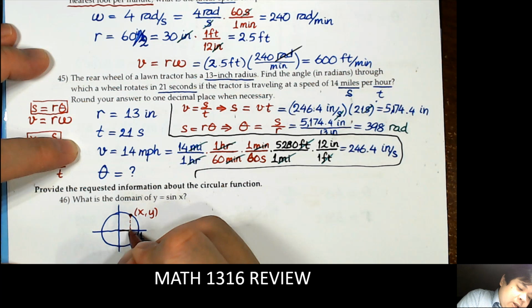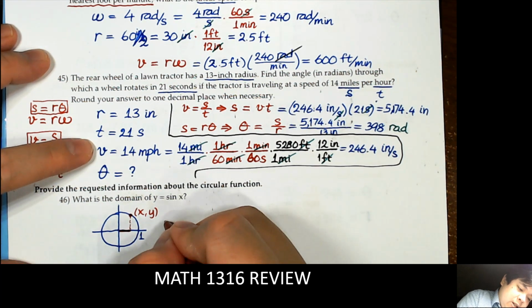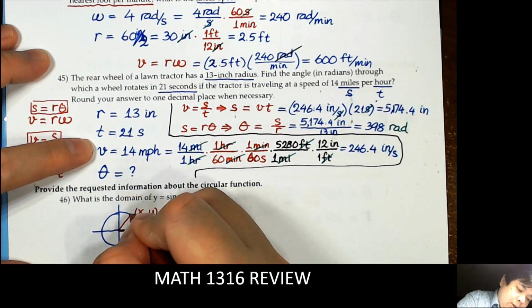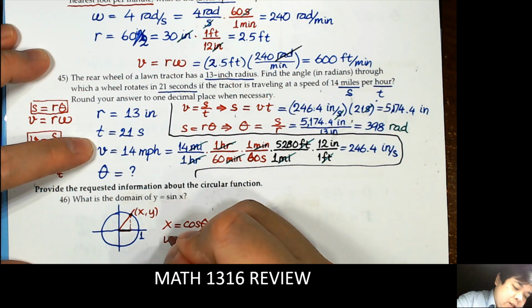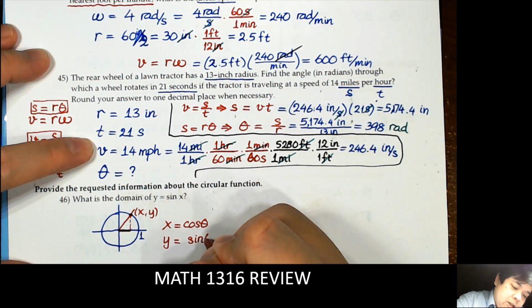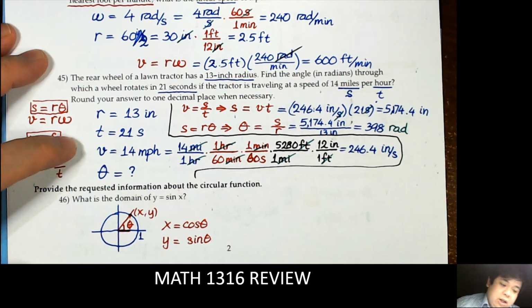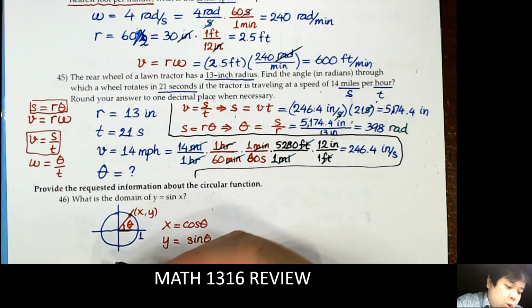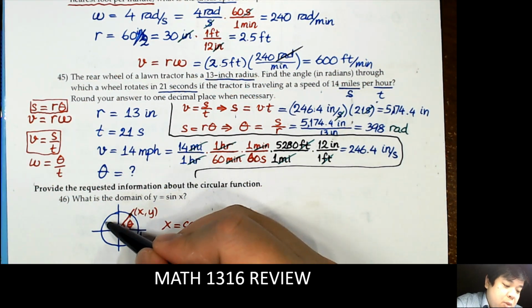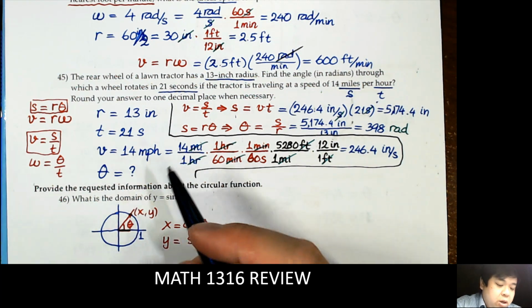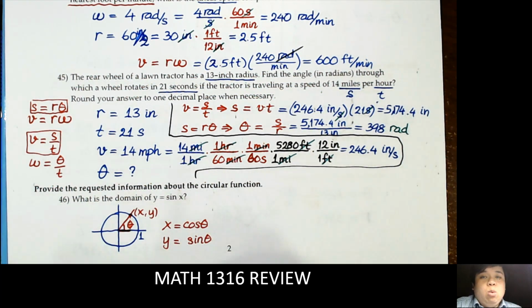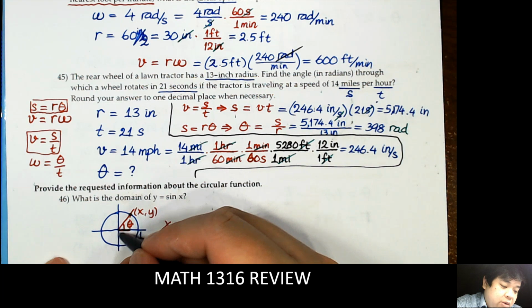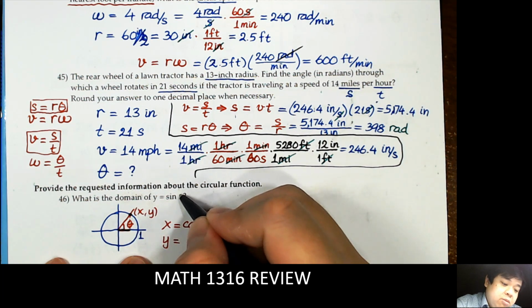The x value is the cosine, and the y value is the sine for this central angle. It doesn't matter where the point is on the circle, there is always an x value and a y value, regardless of the angle.